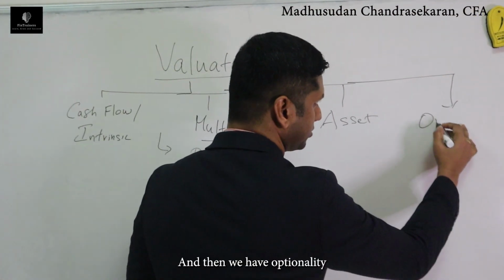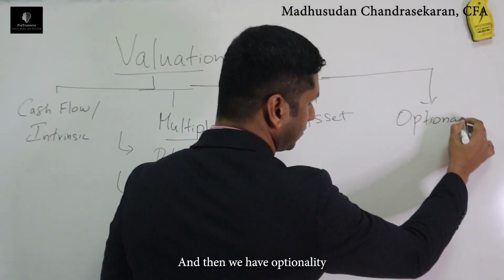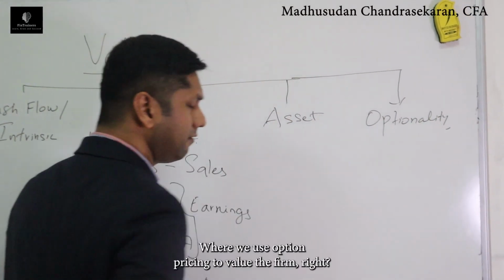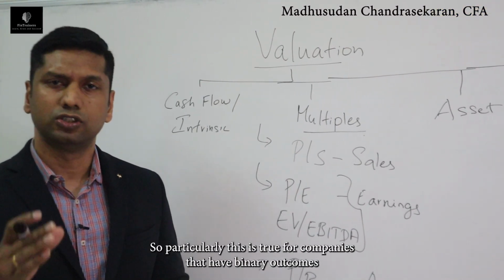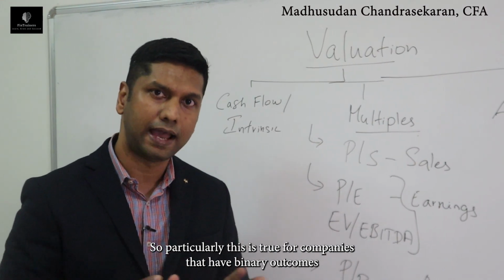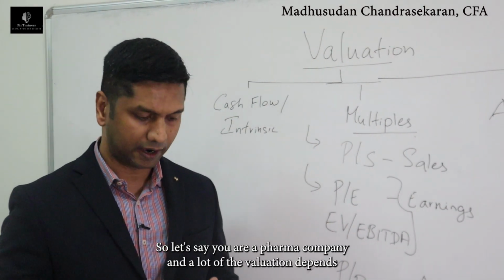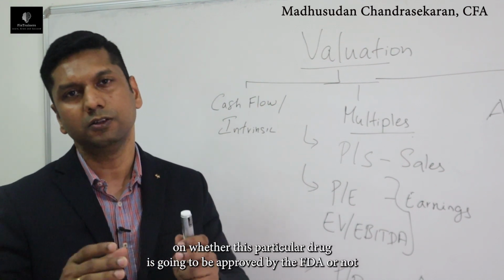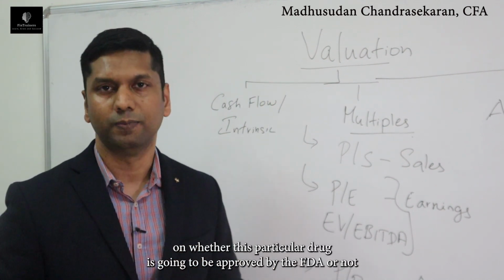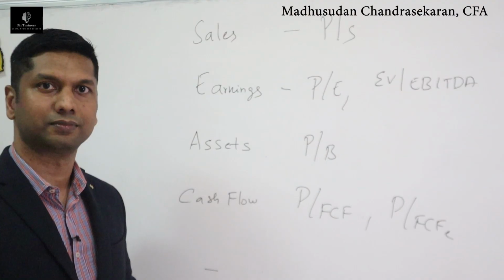And then we have optionality, where we use option pricing to value the firm. Particularly this is true for companies that have binary outcomes. So let's say you are a pharma company and a lot of the valuation depends on whether this particular drug is going to be approved by the FDA or not.